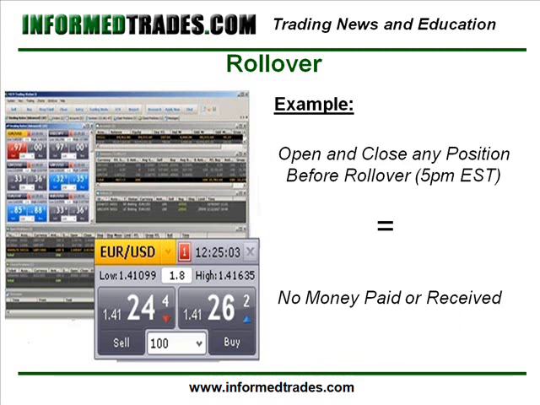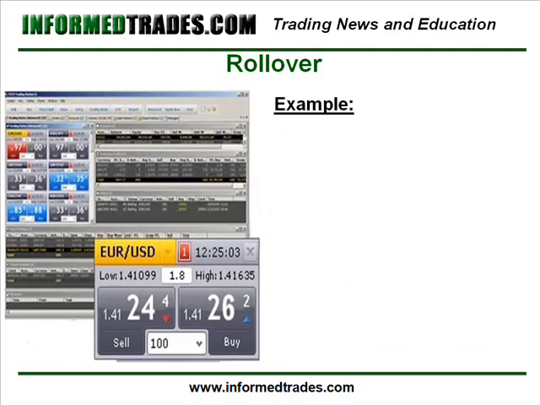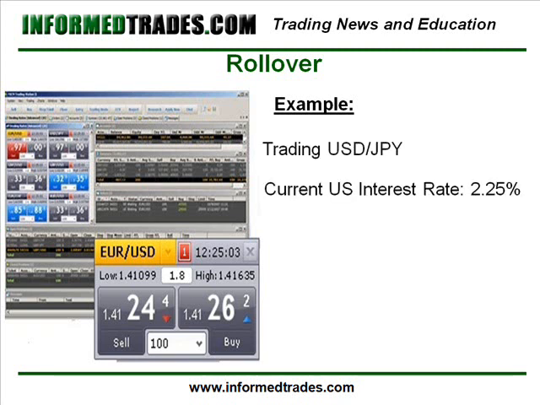As noted here, we are trading a 2-day contract in the Forex market, so the interest that you either pay or receive at rollover is 2 days worth of interest, calculated based on the interest rates as set by the central banks in the countries of the currency pairs which you are trading. Using our dollar-yen trade as an example, overnight interest rates in the United States are at 2.25 as of this lesson, and overnight rates in Japan are at 0.5.